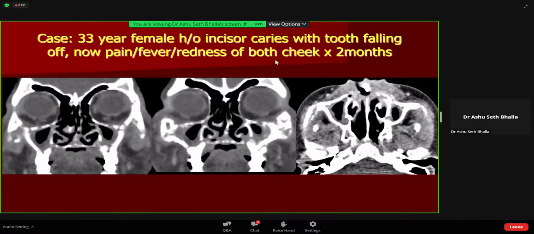Let us look at an example: a 33-year-old female who has a history of spontaneously teeth falling out. I think I did one session for the ICRI on head and neck osteomyelitis and talked of this symptom of teeth falling out. And it was a symptom that we faced a lot during COVID because of COVID-associated mucormycosis.